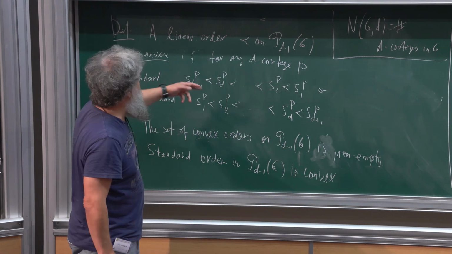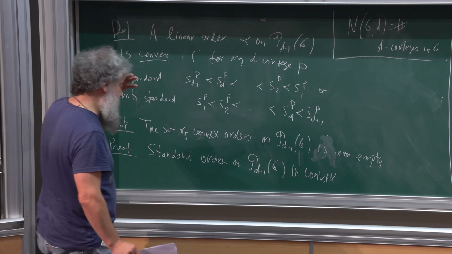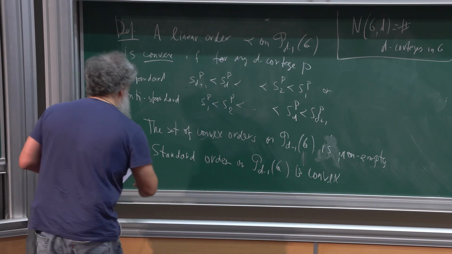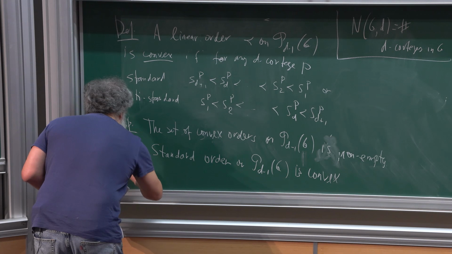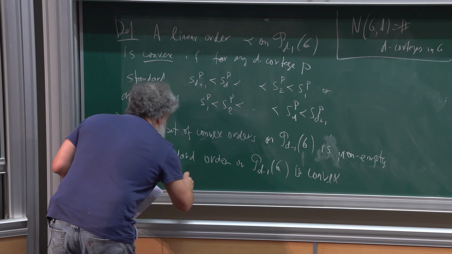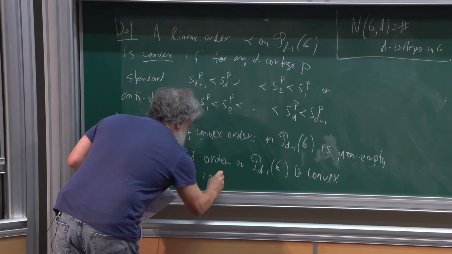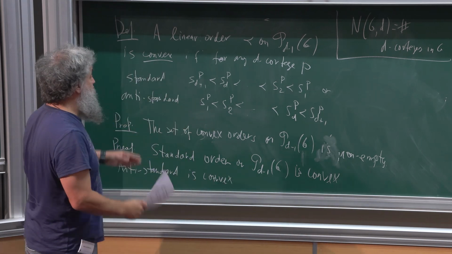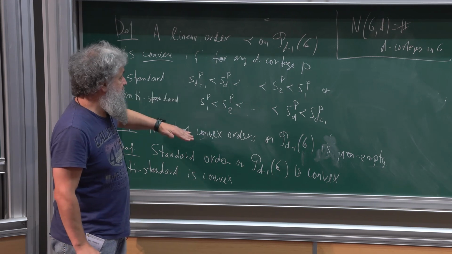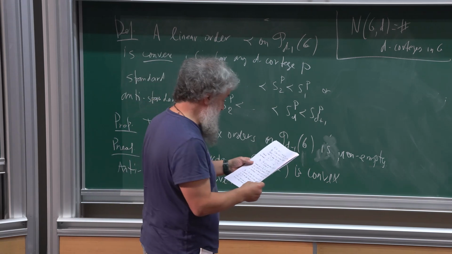That means we have to check that it is transitive and total, and also the anti-standard order is also convex. So if we order all such sequences in this way or this way, then we get transitive relations.